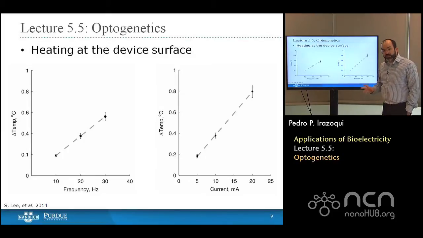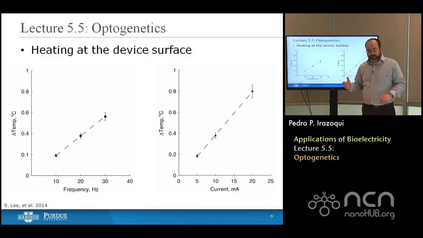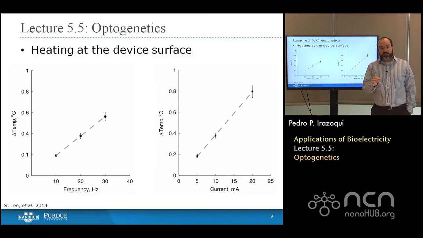Another thing that we're concerned with is heating at the surface. A laser creates an enormous amount of heat. You can even have liquid-cooled lasers. An LED is going to make a lot less heat, but it's also not going to be located on a table. This device is going to be located on the surface of your cranium, just near to your brain. So the question is, how much heat are you creating? What you're worried about is getting a change in temperature of 1 degree Celsius.